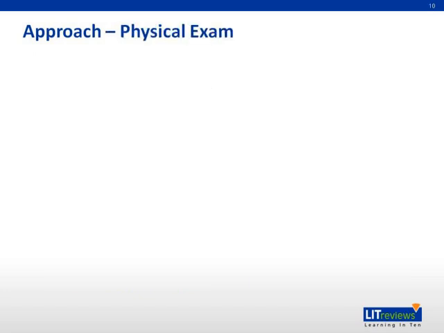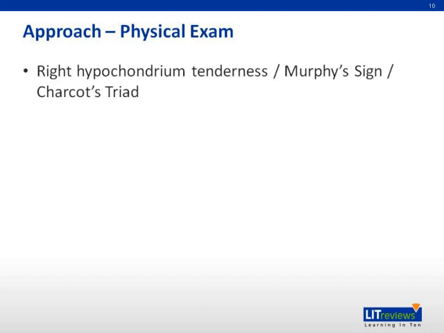In the physical examination of a patient with jaundice, it is important to first assess for right hypochondrial tenderness or a positive Murphy's sign. These point towards cholecystitis or cholangitis and should trigger a surgical assessment. Although patients with acute hepatitis may sometimes have right hypochondrial tenderness, they do not associate with abdominal guarding.